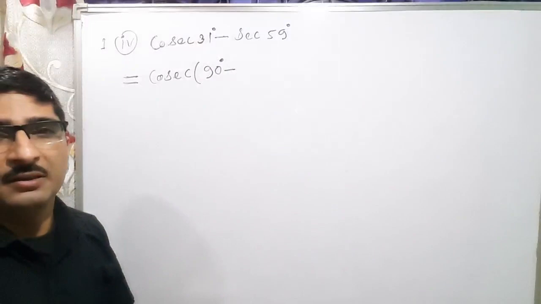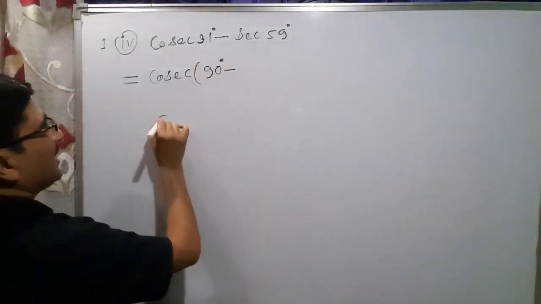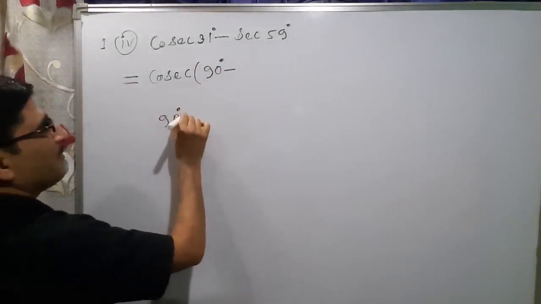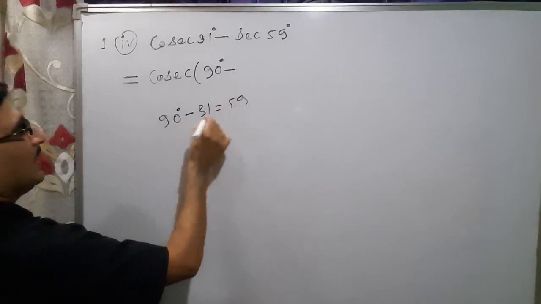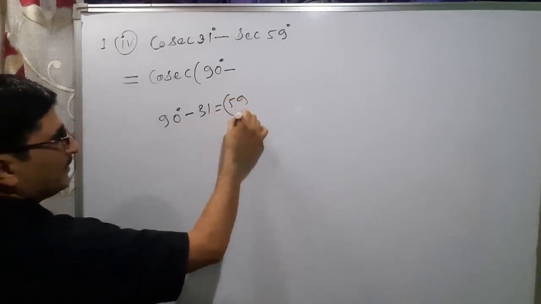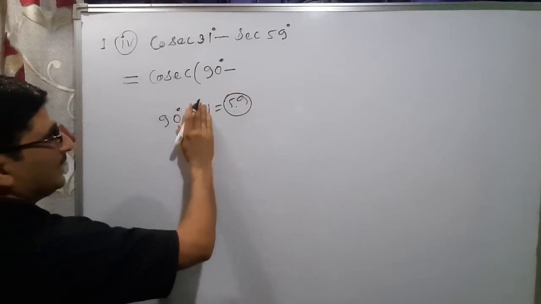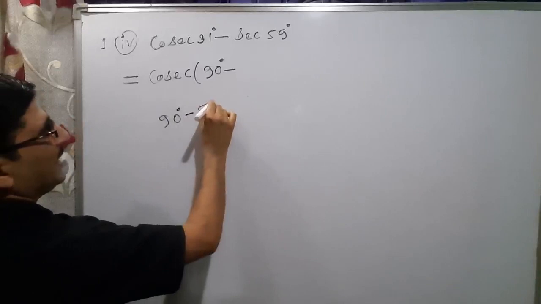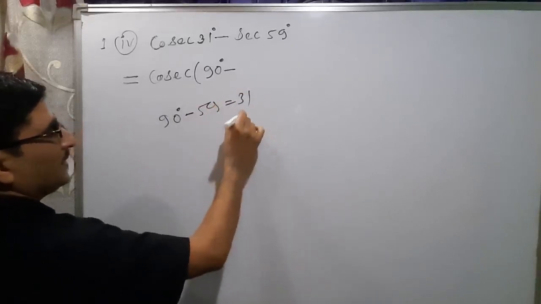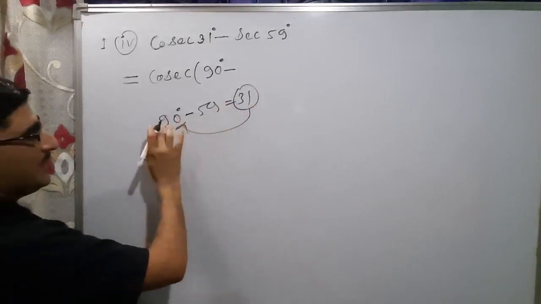Here we have 59. So 90 minus 59 is equal to 31. So this 31 you write in this format.